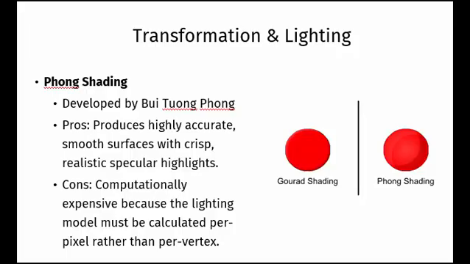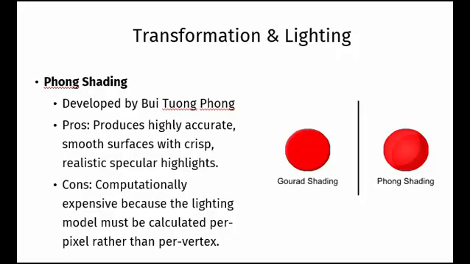Unlike Gouraud shading, which calculates lighting at vertices, Phong shading calculates the lighting for each pixel. This allows Phong shading to produce much more accurate specular highlights, those bright spots you see when light reflects from a shiny surface.